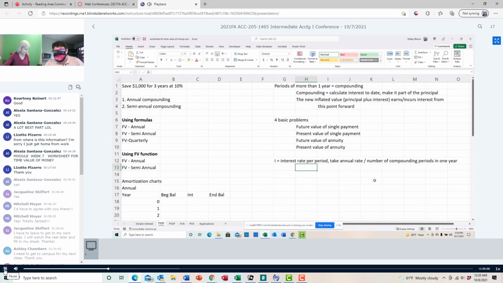Everybody good with that? The second one we're going to calculate is n. n is the total number of compounding periods. You calculate that by taking the number of years and multiplying it by the number of periods in 1 year.